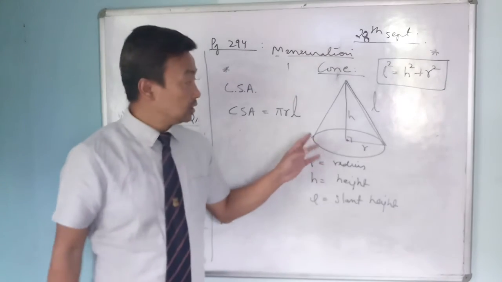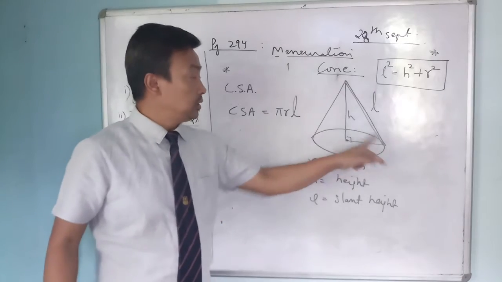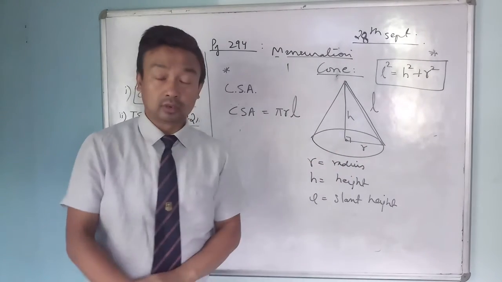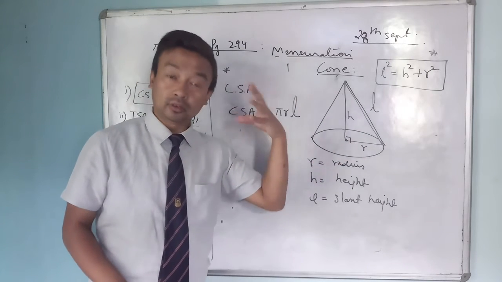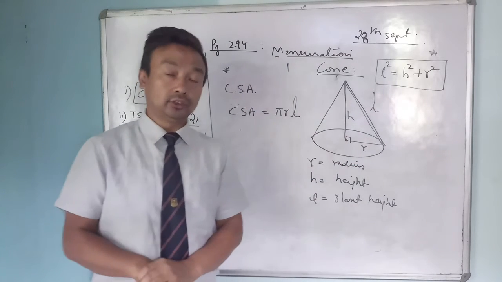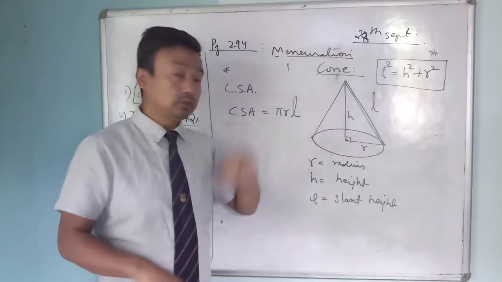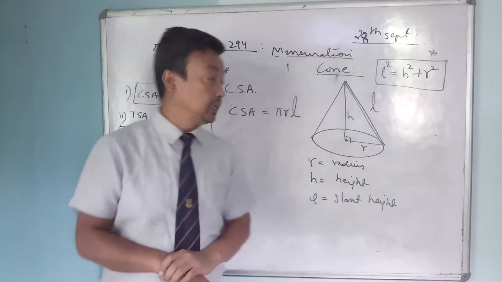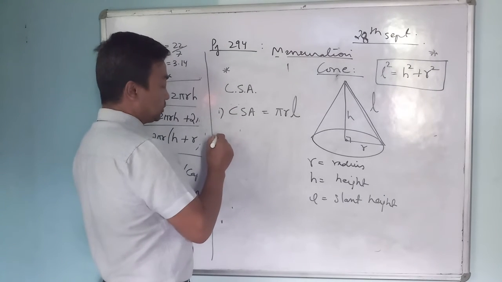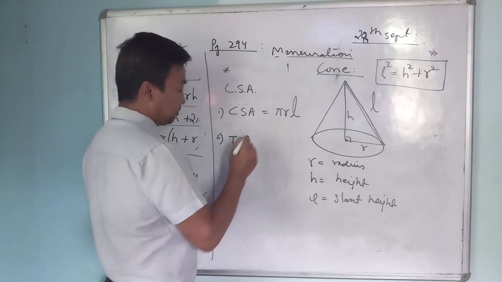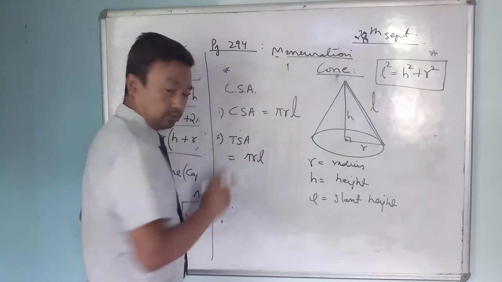Now here it is cut into 1/3. So you should not be focusing too much on how it came. There is a long process to explain, and that is not required also when you go to the higher classes. If you take up, let us say, mathematics, then you will come to know how this formula actually arrived. The second formula is the total surface area, TSA. So in the TSA we take the curved surface area, which is pi RL.